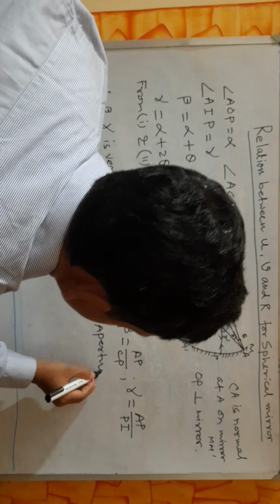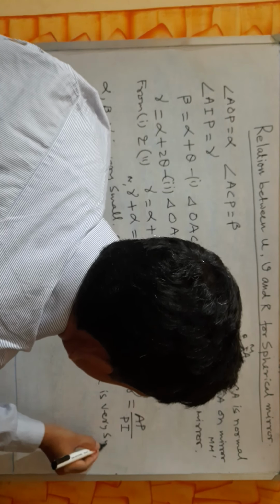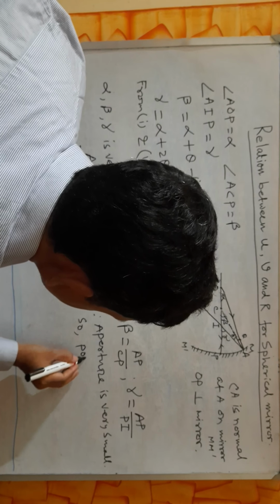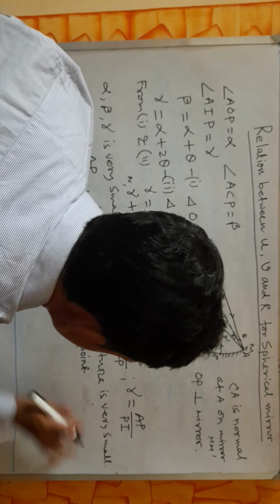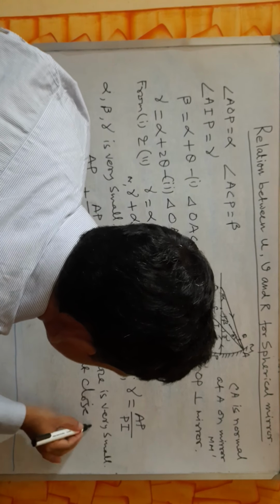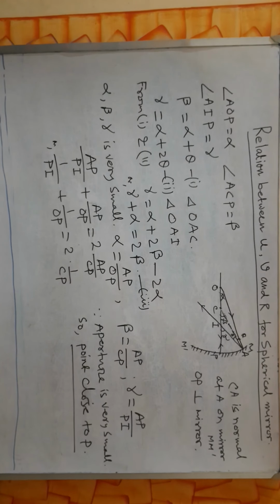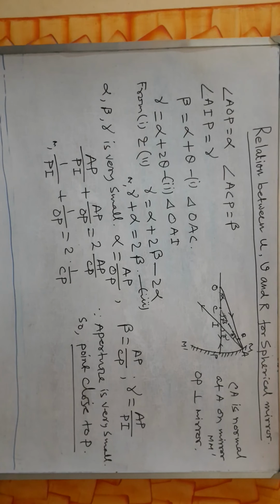The aperture is very small, so point A is close to P. So you can write alpha, beta, gamma like this.